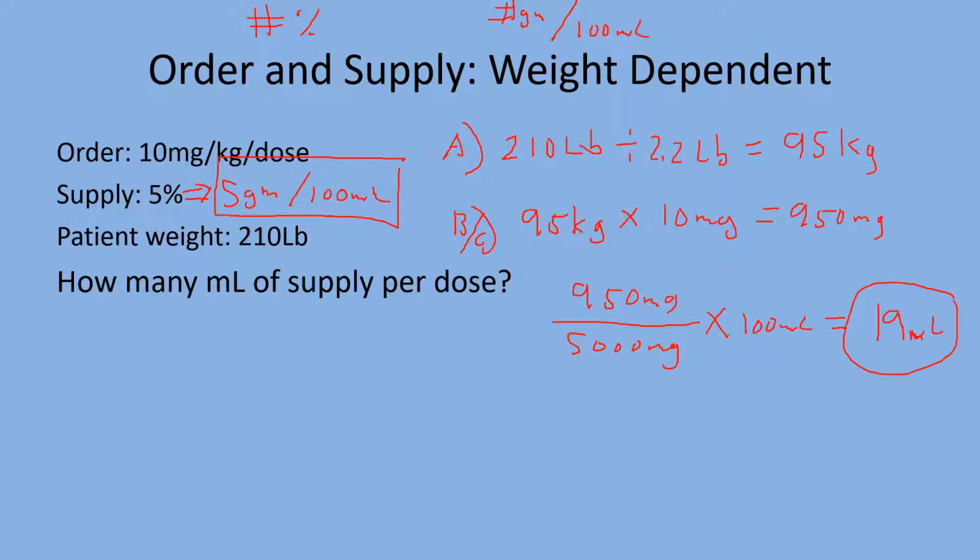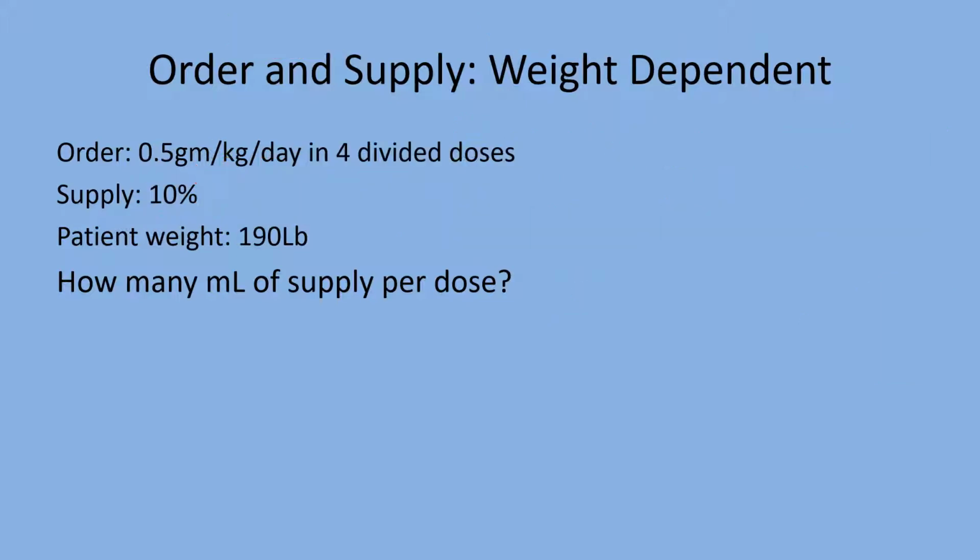So pounds to kilos multiplied by the order, and then percentage. Now you know whatever number you have, that's the number of grams per 100 ml. The ratio, yeah, this is the ratio, and then we'll take a break. This percentage one, take a break.